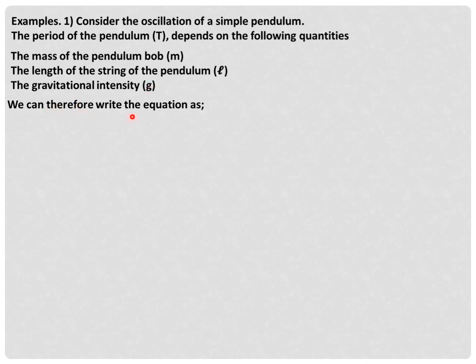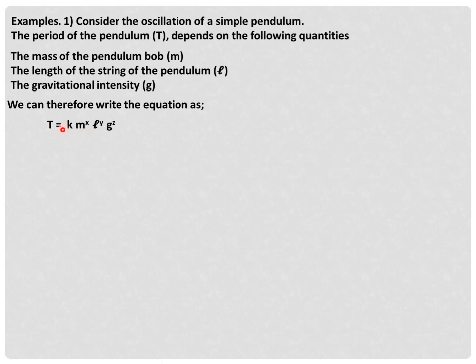We can therefore write the equation as period is equal to a unitless constant times the mass times the length times gravity. Now, we do not know whether the period is directly proportional to the square of the mass, to half of the mass, or to the cube root of the mass.